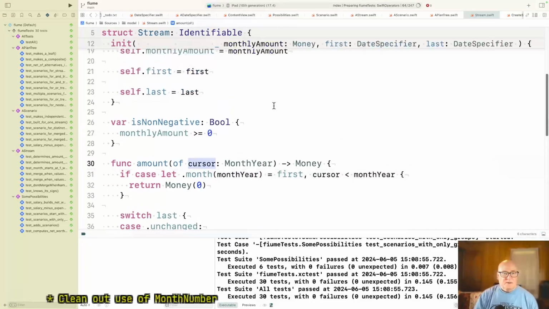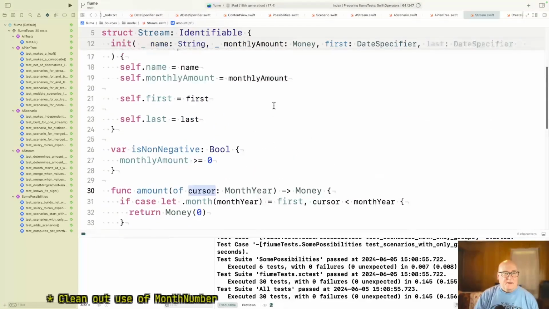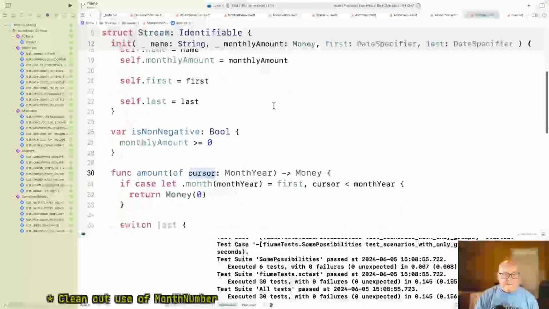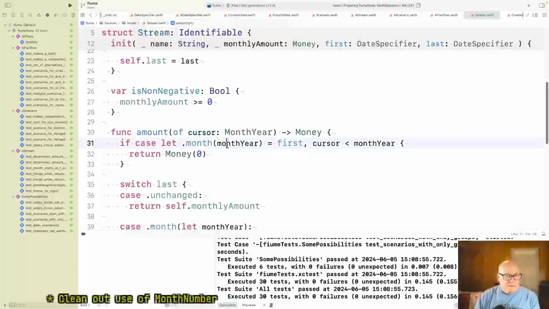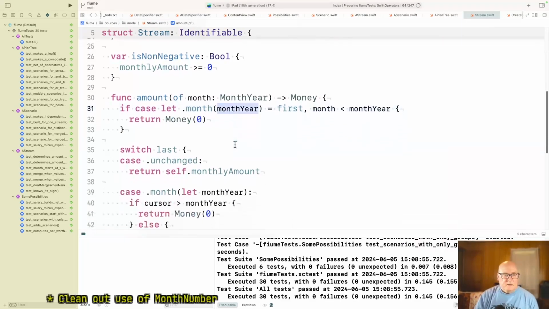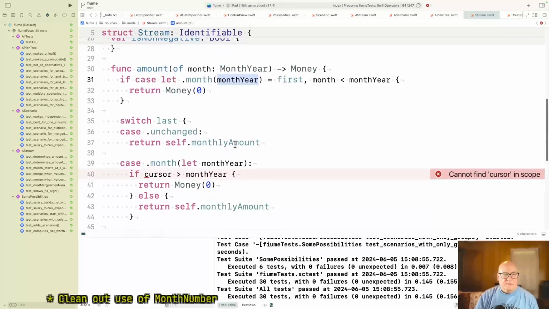Cursor, what's month year? Oh, that's the left side. Okay. Month year. I'm going to call this start month.